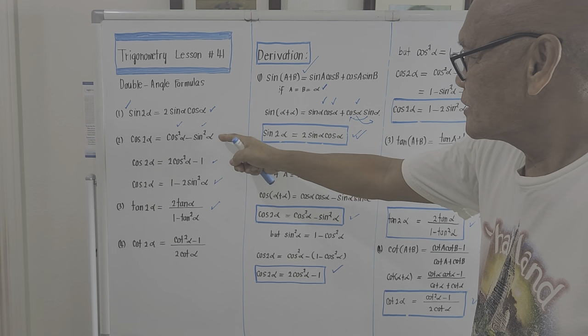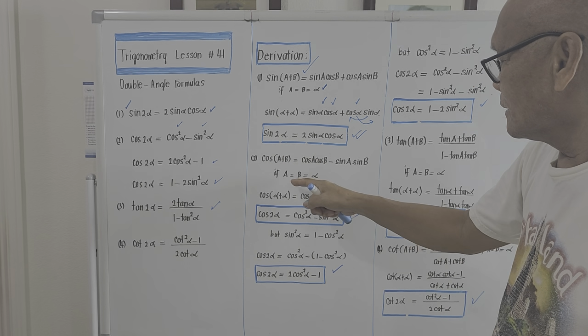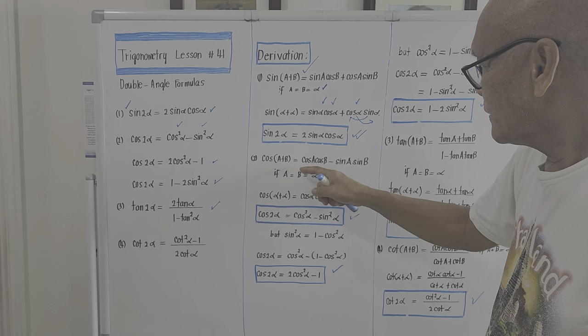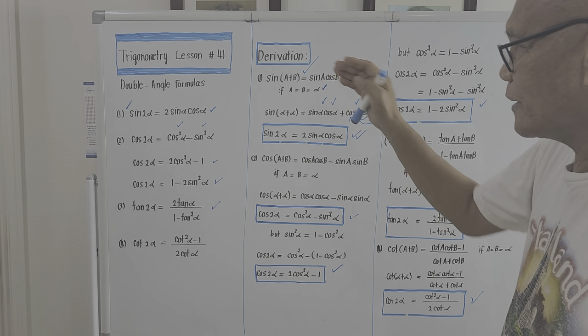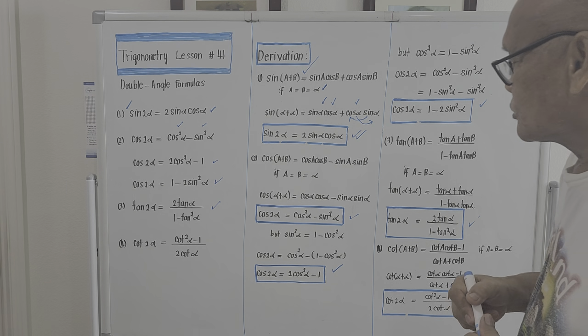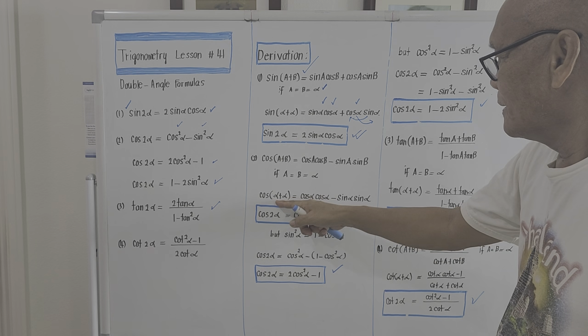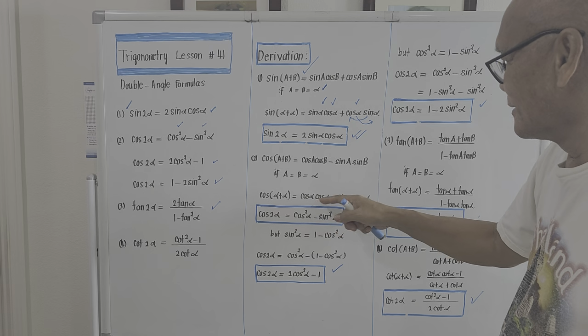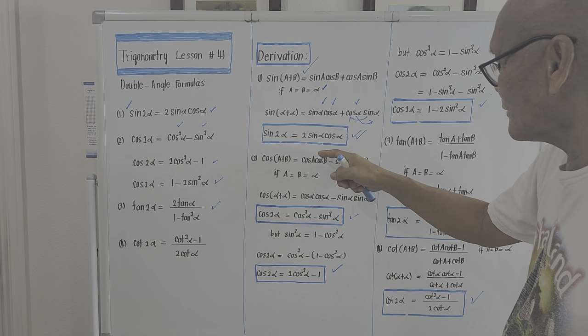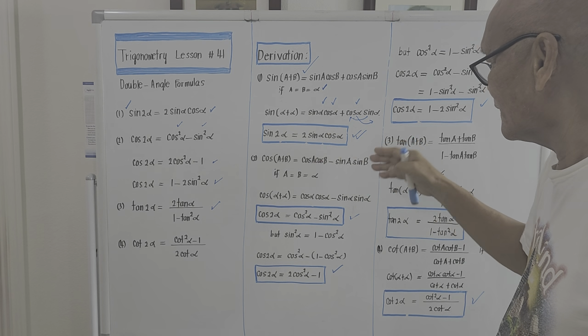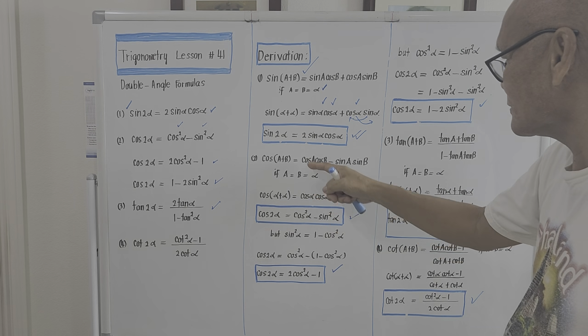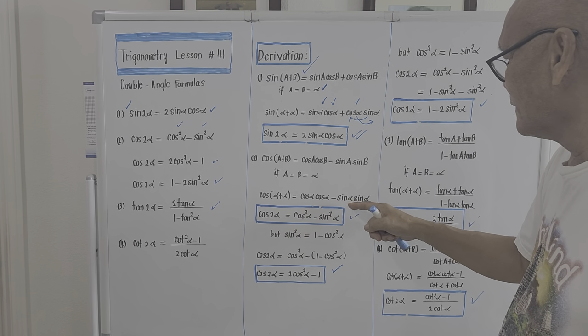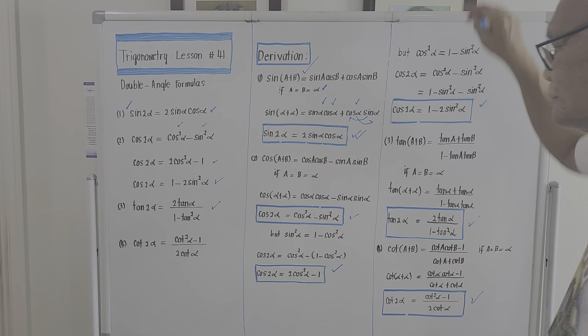So to obtain the second identity, there should be the condition a equal to b equal to alpha. We replace all angles by alpha. So this will be cosine of alpha plus alpha, equal to cosine alpha cosine alpha minus sine alpha sine alpha.